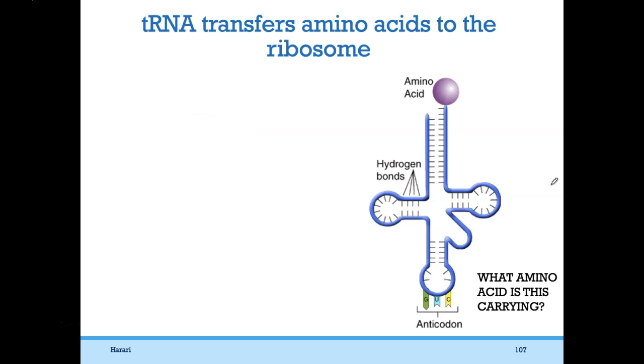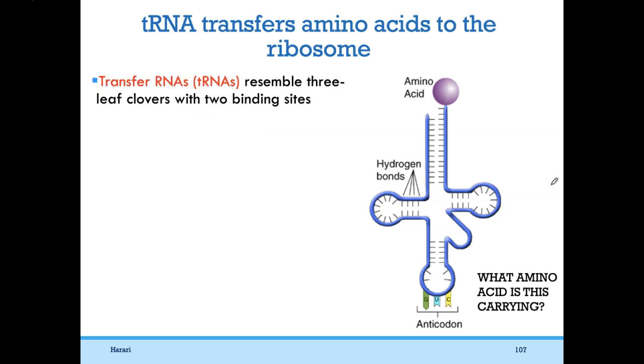So let's zoom in onto the tRNAs that transfer amino acids to the ribosome. tRNAs kind of resemble a flattened 3-leaf clover, and they form hydrogen bonds in specific overlapping locations to give them this structure. There's something very important on this end, which is an amino acid. All right, so tRNA molecules transfer amino acids to ribosomes, and the amino acids are attached to one end.